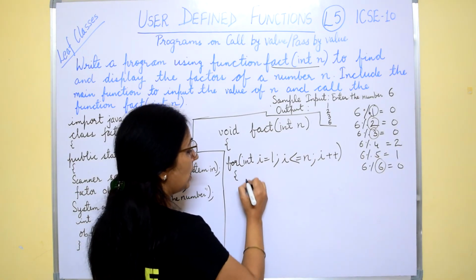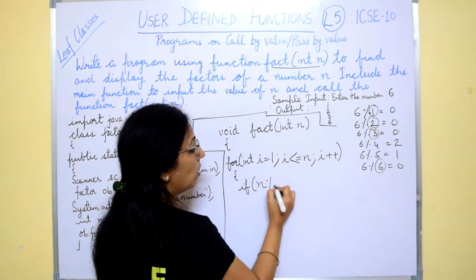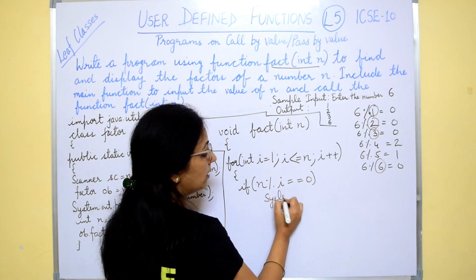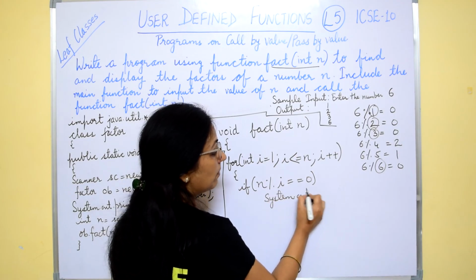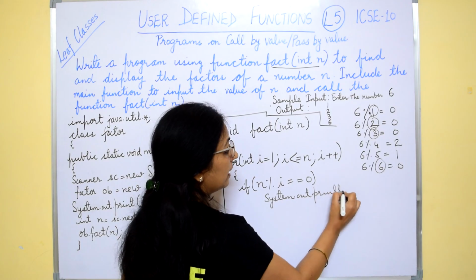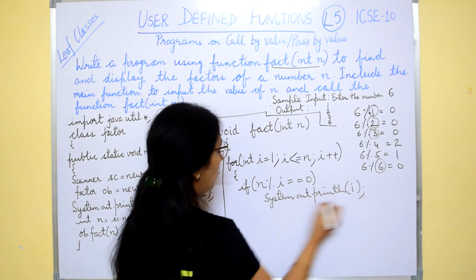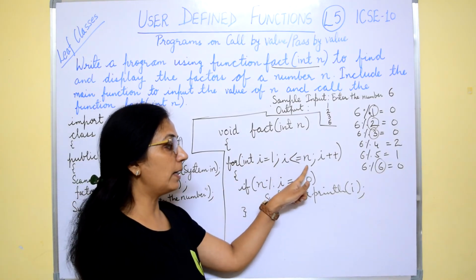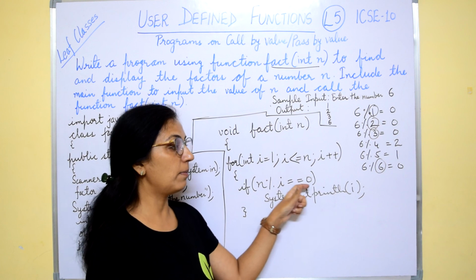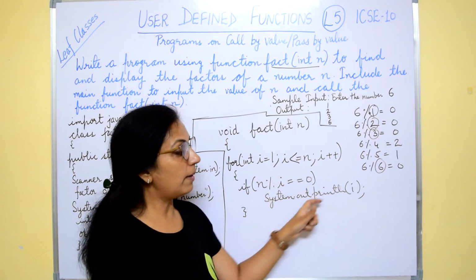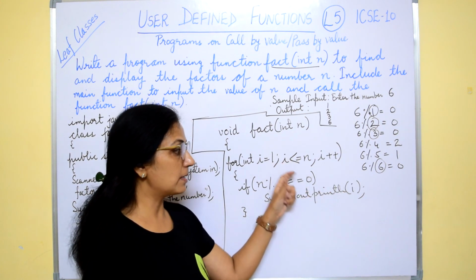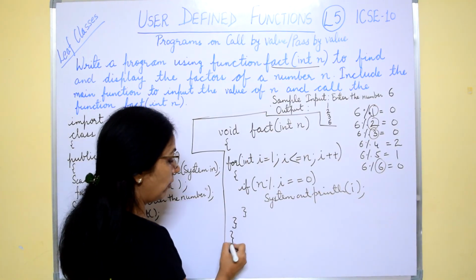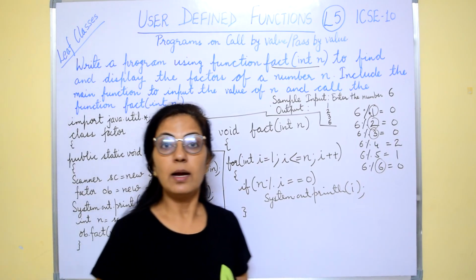Here you will check if n mod i is equal to 0, we will print the number i, System.out.println, you print the value of i, and then you close the for loop. So it will start from 1 till n. Every time you check if the remainder is 0, you print the denominator, that is the looping variable, and then you close this function fact and then you close the class body.